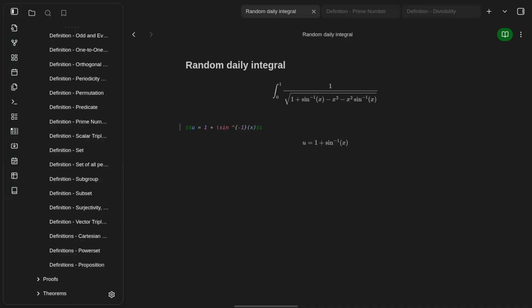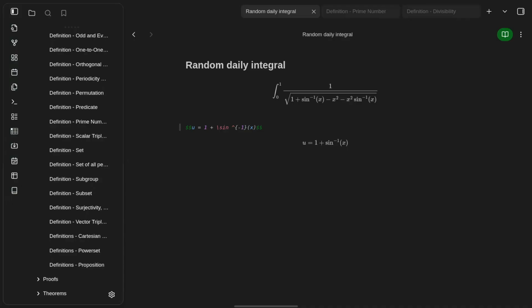And my substitution guess might be wrong, which is why I'm being careful at the moment to just do some quick maths. So it's 1 plus arcsine x minus x squared minus x squared arcsine x. From there you can factor out the x squared part. So you'd get 1 plus arcsine x, and it's negative, so it's 1 plus, in brackets, sine to minus 1 x minus x squared 1 plus arcsine x.